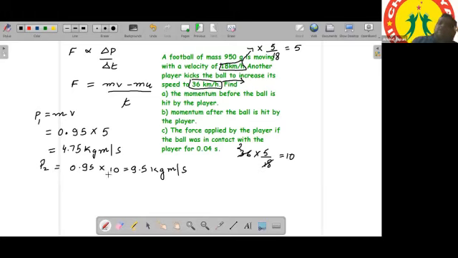So that is how we get here 10 meter per second. Got it? So you understood the answers to part A and part B. Part A is 4.75, part B is 9.5, and you have to find out part C, the force applied by the player if the ball was in contact with the player for 0.04 seconds.